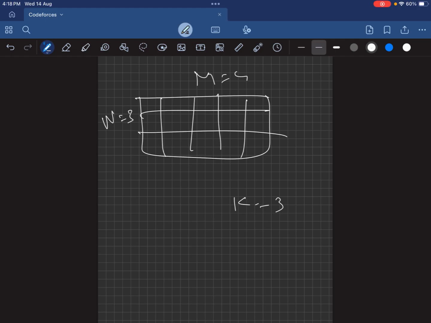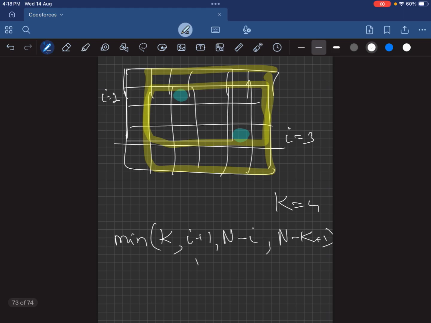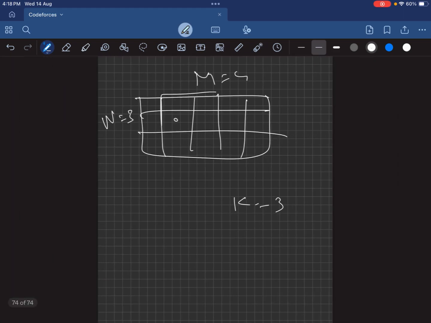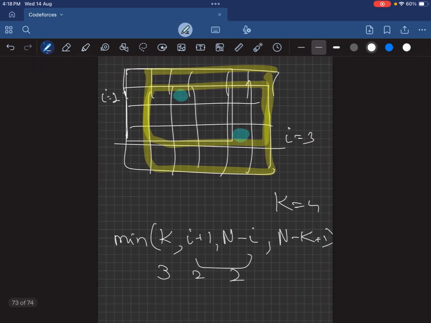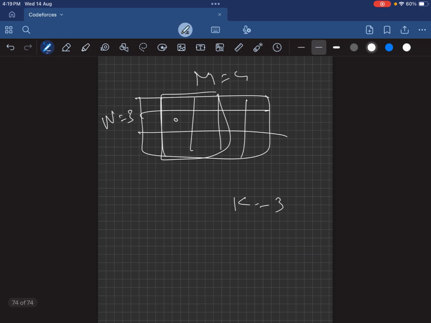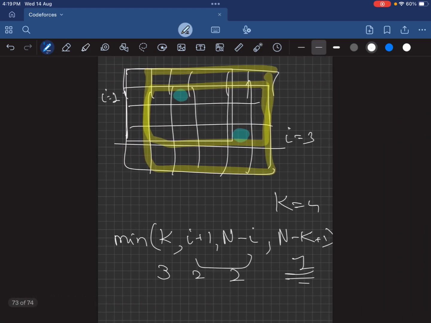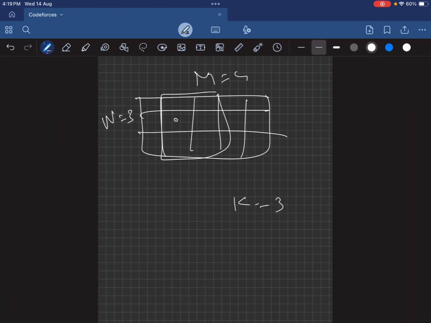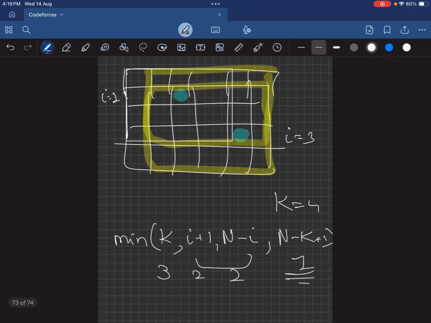In this case, the value of these two, k will be 3, these two numbers will be 2, but in this case we can only put one k cross k grid. So we need this also: how many grids can actually fit into this place? Only n minus k plus 1 many grids can be fit into this place. So that is this thing.